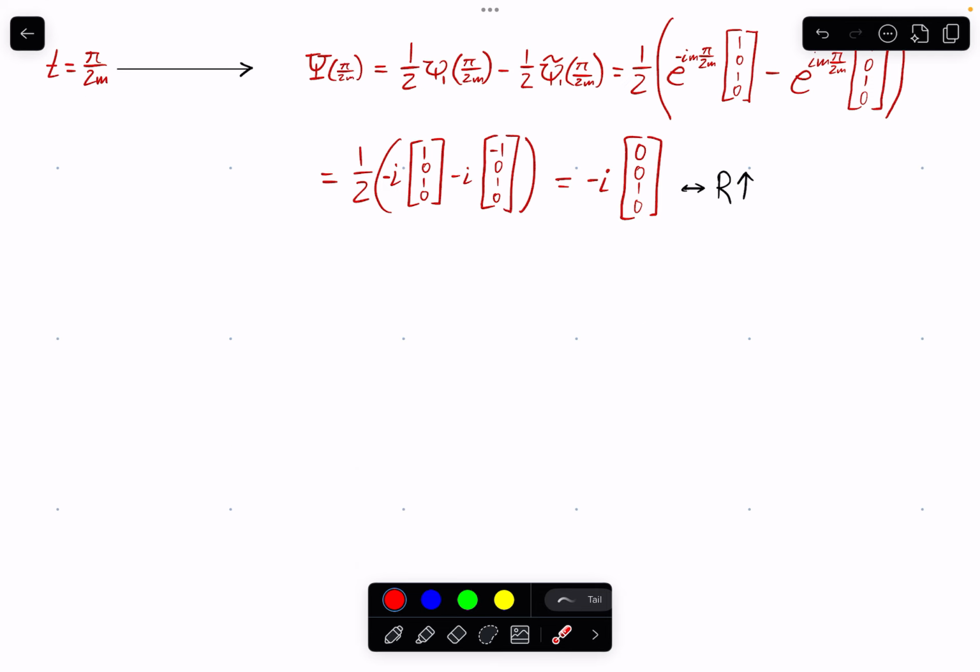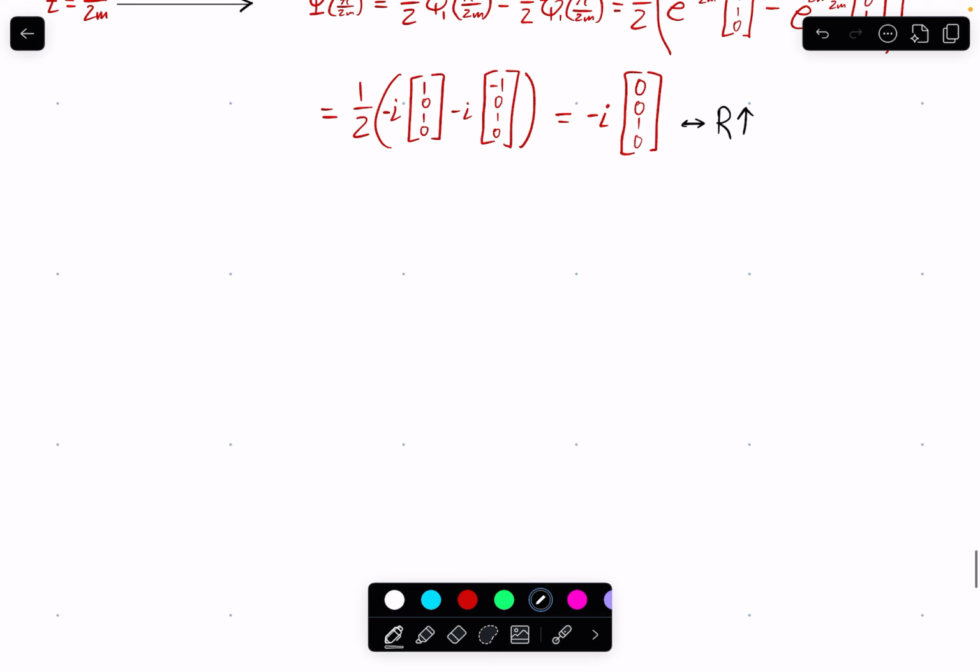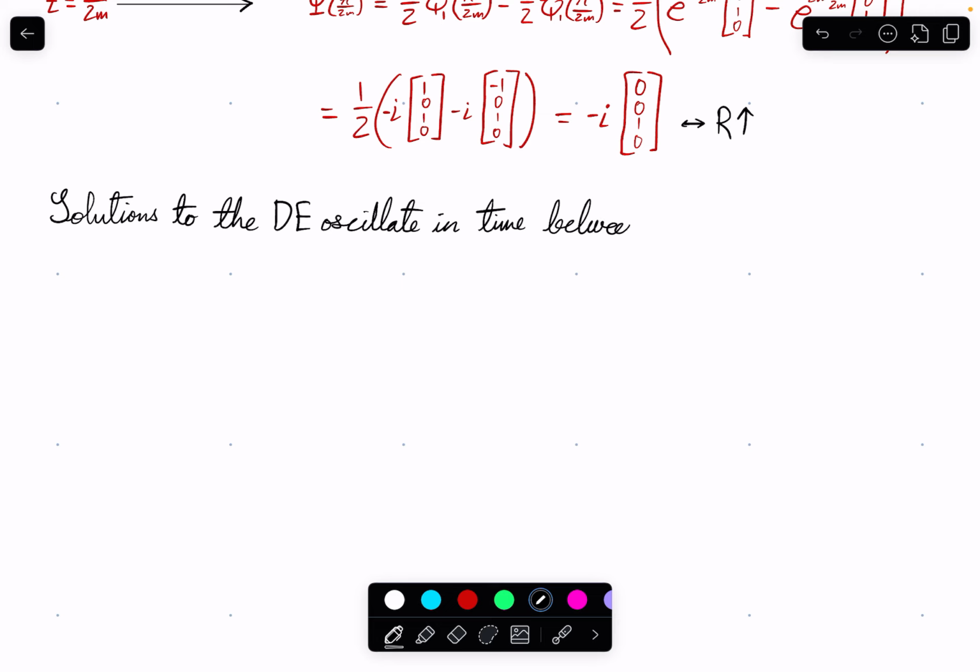So what this means is that solutions to the Dirac equation oscillate in time between left chiral spin up and right chiral spin up.